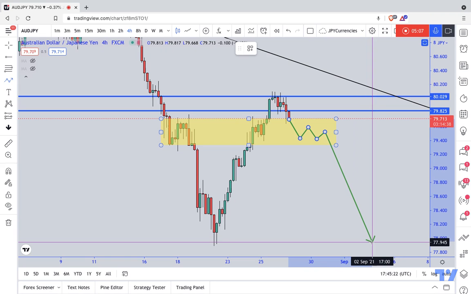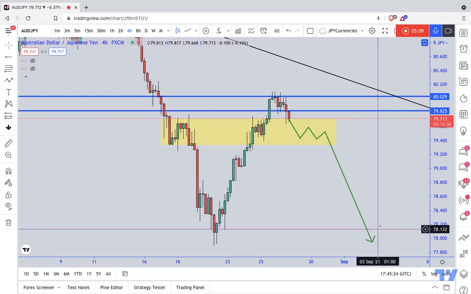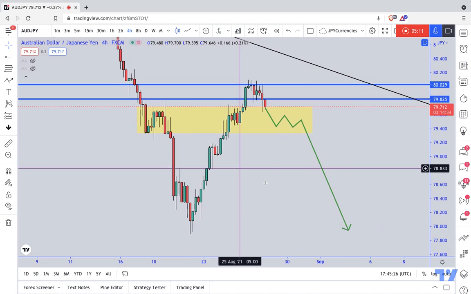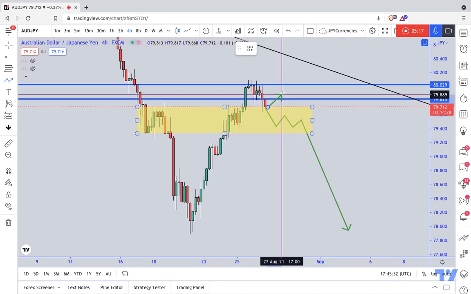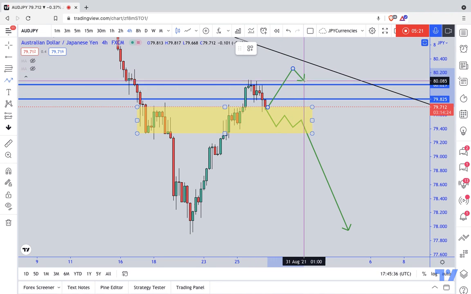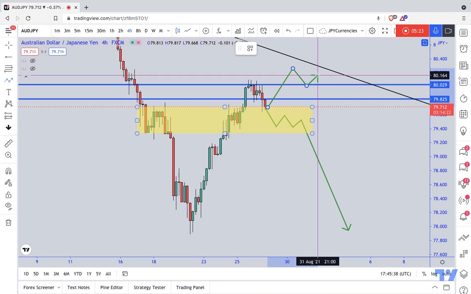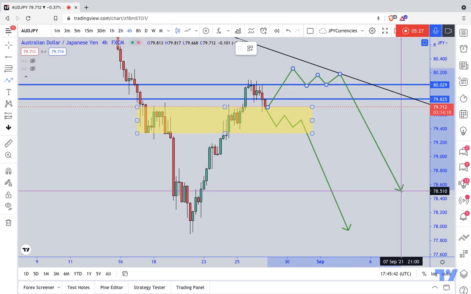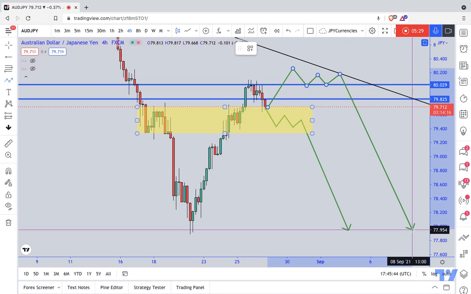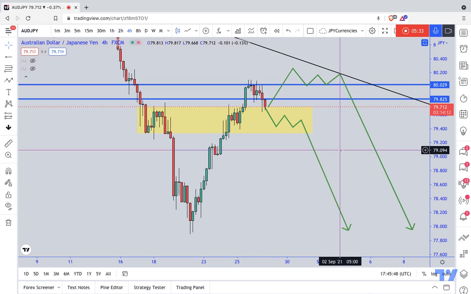Otherwise, we could just go with this path, something like this, create all sorts of divergences on the RSIs, and then touch the trend line, and then dip lower. So these are the two outcomes we can look at on this pair.